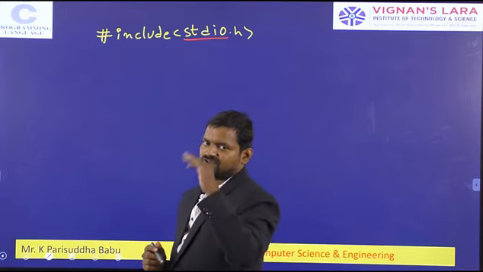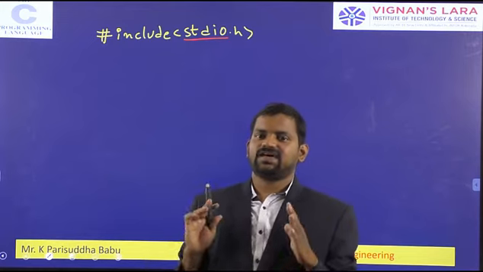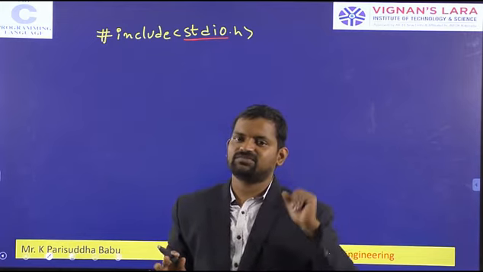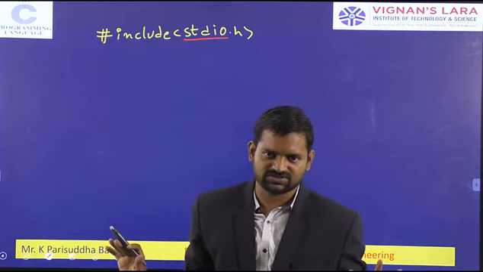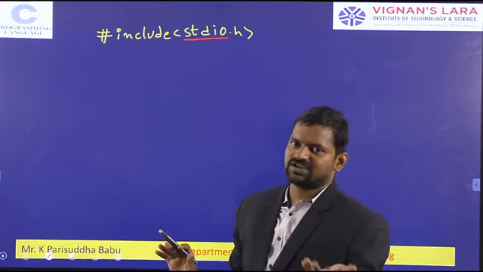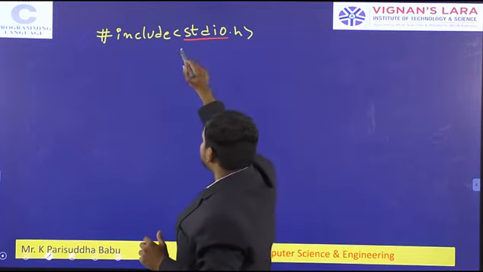Whenever we include the stdio.h header file, then only will printf and scanf be executed. Otherwise, those two functions, printf and scanf, will not be executed. Why? Because to read or print using printf and scanf, we compulsorily have to include stdio.h.